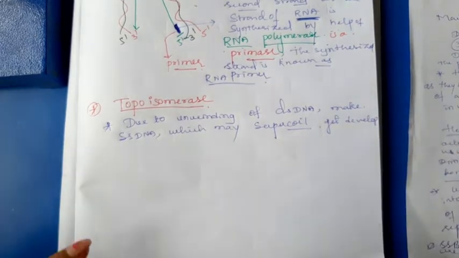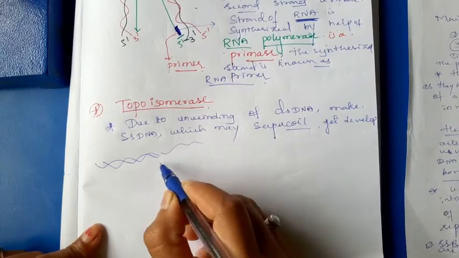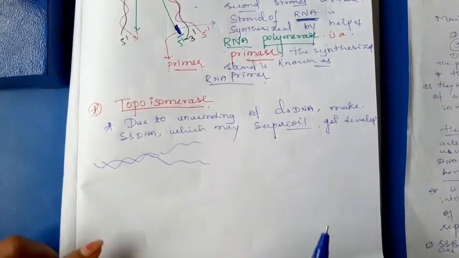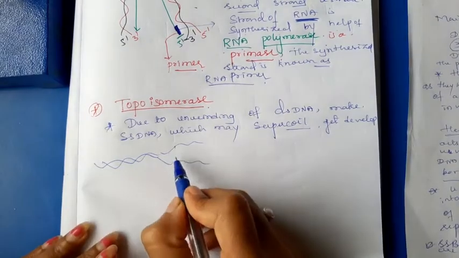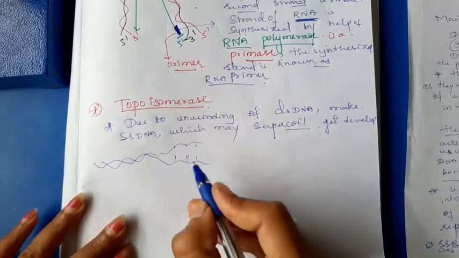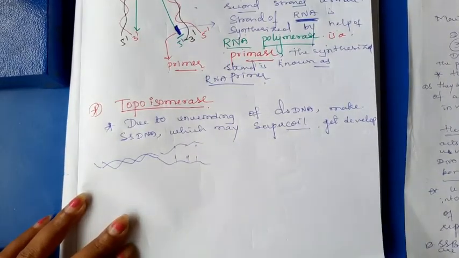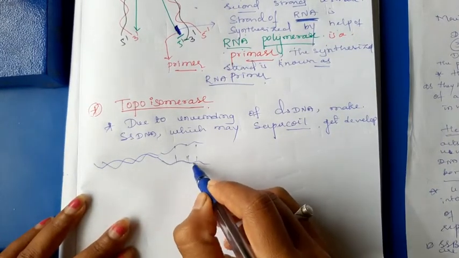Supercoil means coiling. If the DNA is like this and suddenly it is uncoiled, bond interaction is possible because there is a hydrogen bonding possibility. After unwinding, there is a possibility of coiling or supercoiling. Suddenly it can mix like this structure.